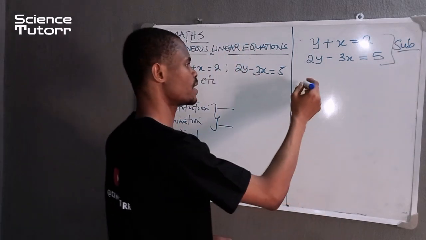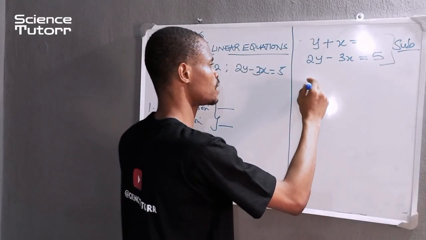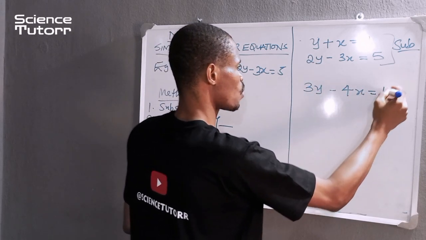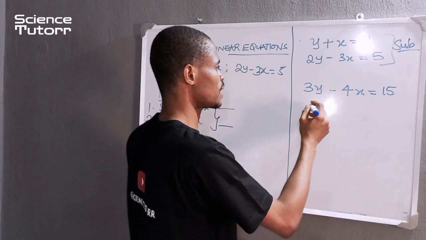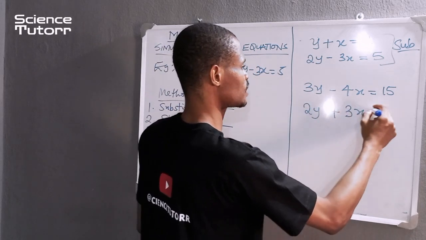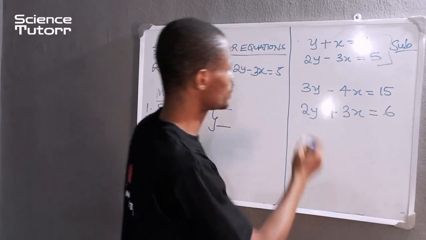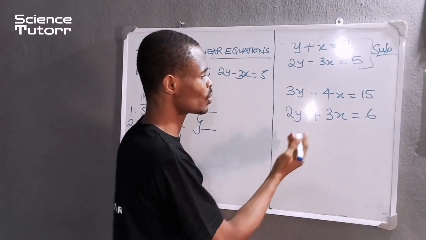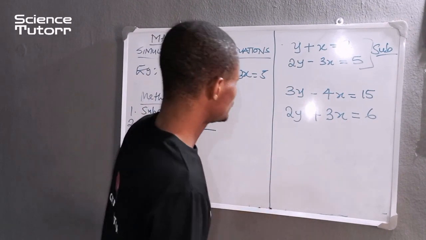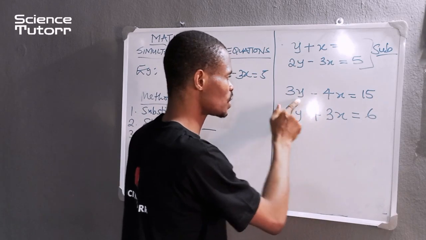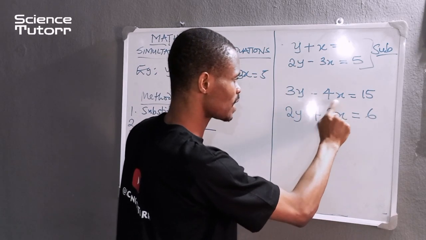Another example is, assuming I'm having 3y minus 4x equals 15, then I also have 2y plus 3x equals 6. Now in this case, it will be preferable to use the elimination method. Why? Because I have coefficients. The y coefficient here is 3. The coefficient of x here is minus 4.